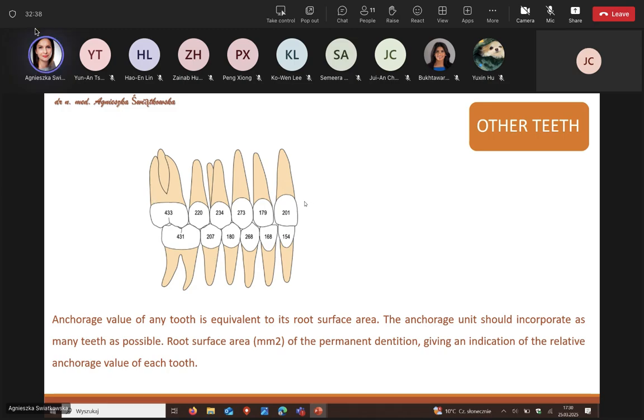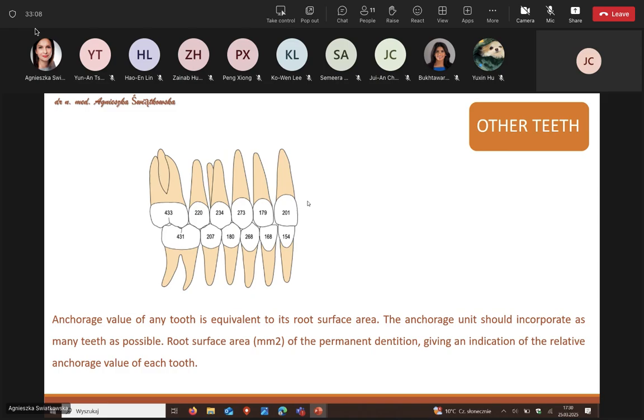You should know the anchorage value of a tooth. We look at this as equivalent to its root surface area. And if we want to have more anchorage, to reinforce this anchorage, we connect a few teeth together, and this is a method to reinforce anchorage.